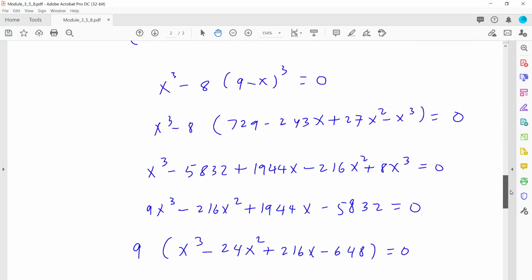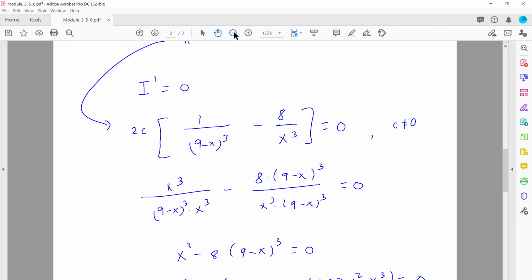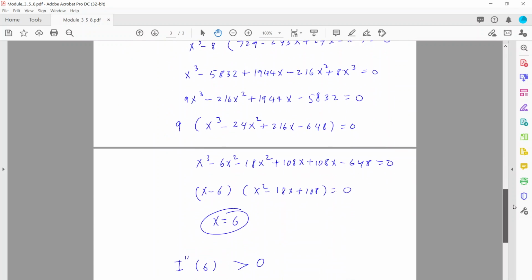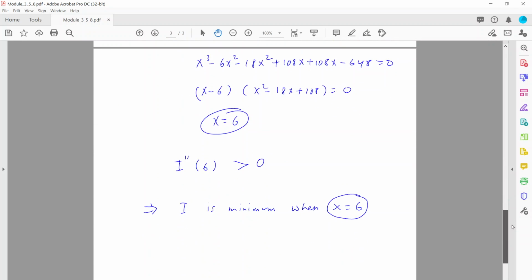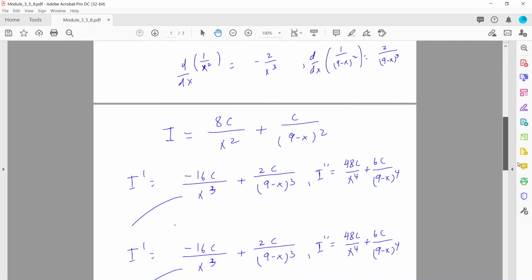Okay, I hope you understood this problem. So this function I, the intensity of illumination at this point, would be minimum from the stronger source if x is 6 meters.